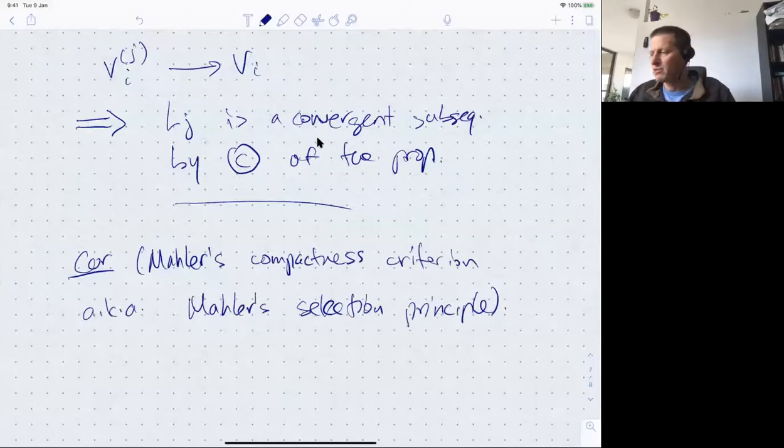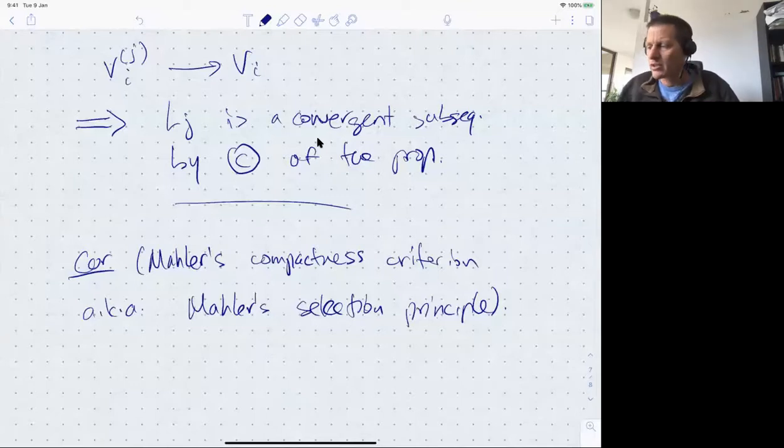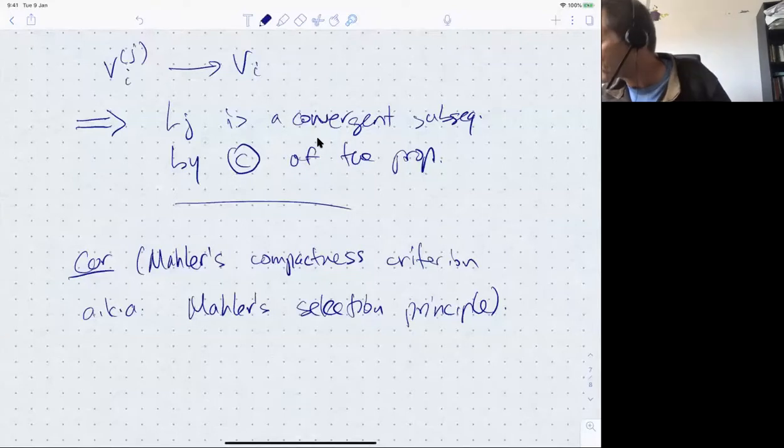Geometry of numbers is an old topic, so some of the terminology is very old fashioned. In the early 20th century, people were not so comfortable or not so used to talking about topology all the time. It's very common for us to talk about a compactness criterion. It wasn't so common in the beginning of the 20th century. Selection just means you want to be sure that you can select a convergent subsequence, which is basically what compactness is all about, but this is kind of the classical name.